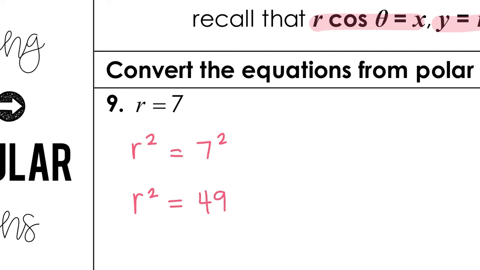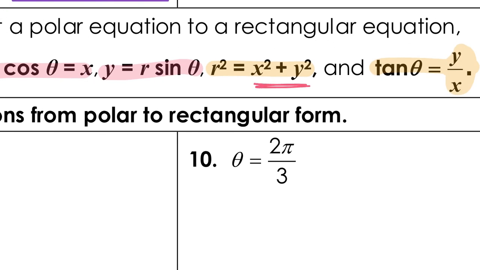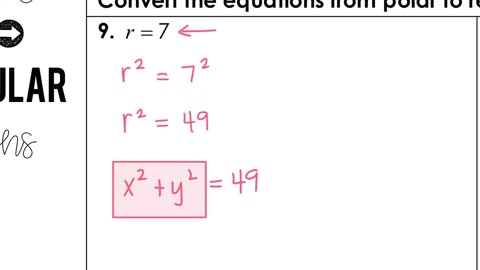Okay, well, r squared, like we just said, is equal to x squared plus y squared, so I'm going to replace it. Okay, and that's it. So what was just r equals 7 is now x squared plus y squared equals 49, and that you should recognize as a circle.